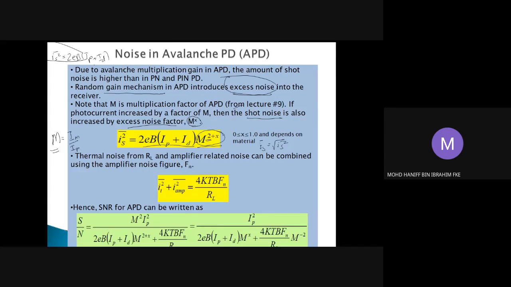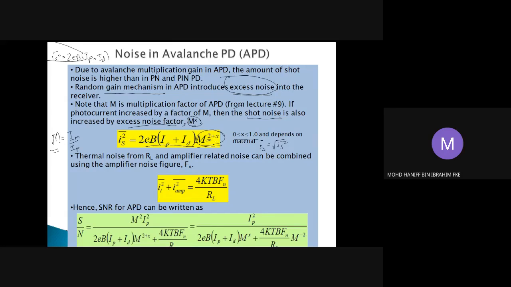So this M only exists in the case of the avalanche photodiode, which is why it needs to be included in the calculation of the shot noise current. This x will have a value between 0 and 1.0, depending on the material used in your photodiode.